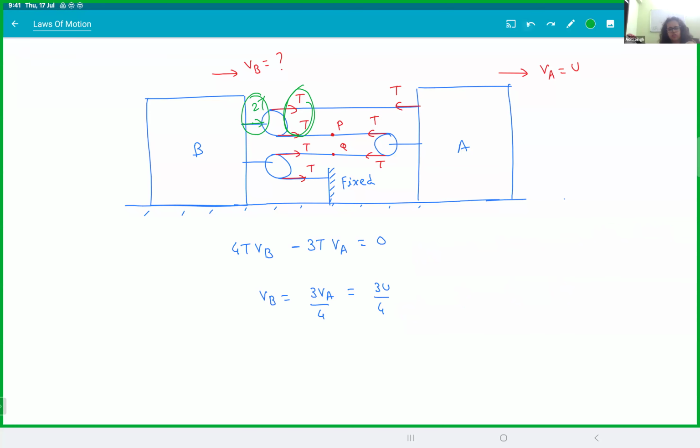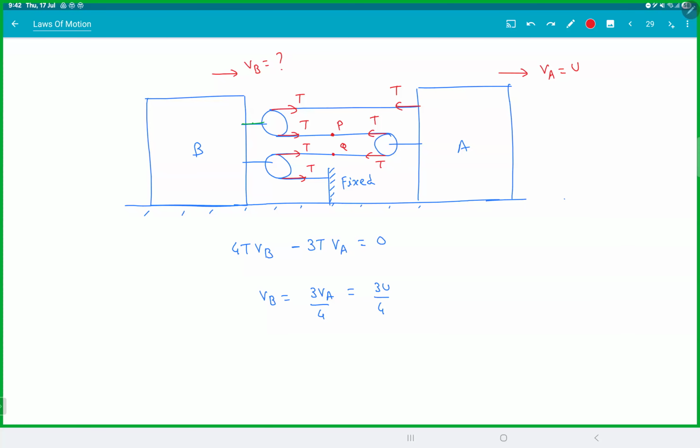Why wouldn't it be T by 2? Look, this is all the same string. Where did the string change? The tension remains the same. The whole string is the same. Yeah, that's not the answer. No, Shaurya, that's not the answer.